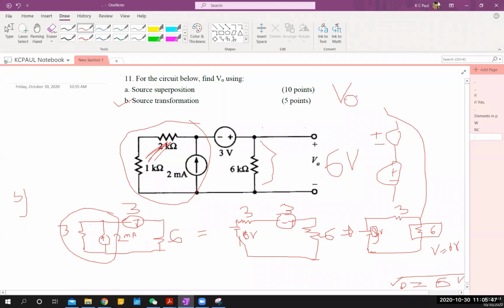So VO is equal to 6 times, okay, 6 plus 9, actually this one will be 9. So this is equal to 9 times 6 over 9, because the total resistance is 9 here. So it equals 6 volts.